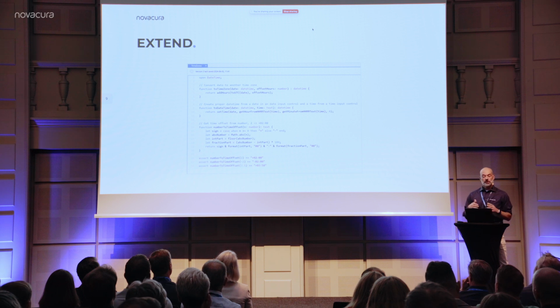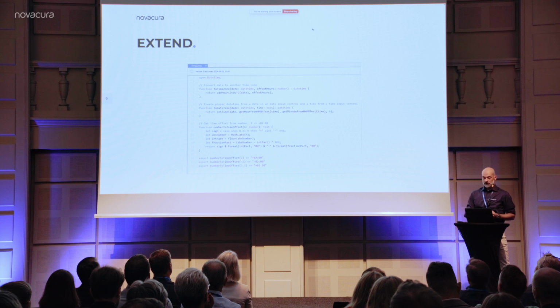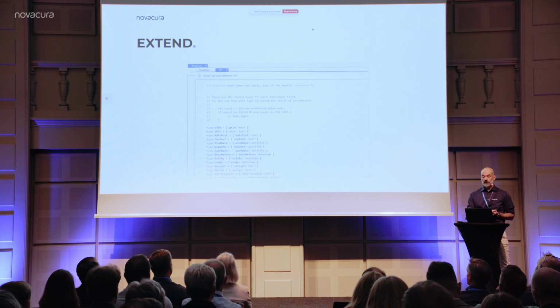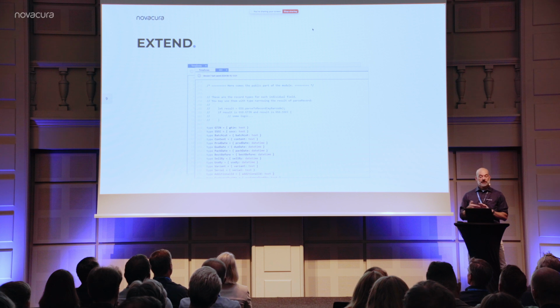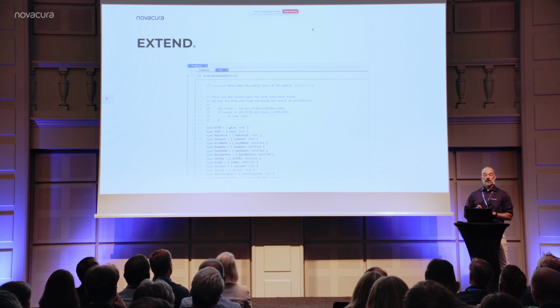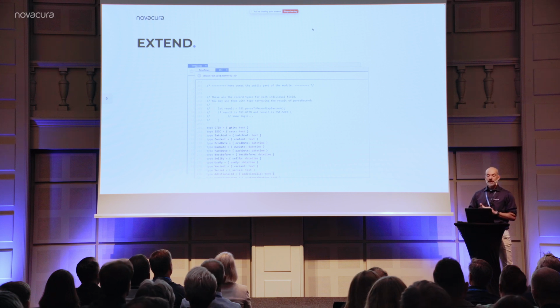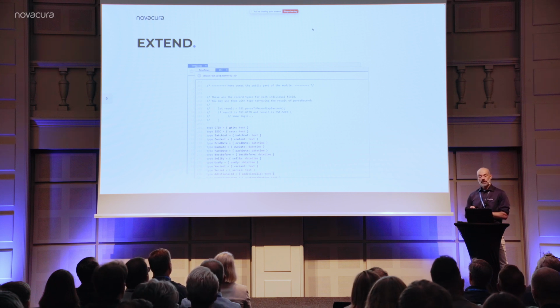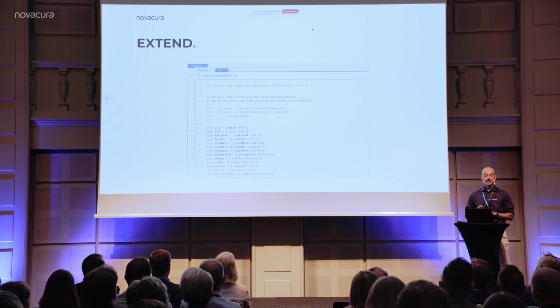Maybe you need to work with time zones, and you can use utility functions for converting times between time zones. Or you can have, for example, a module which handles GS1 barcodes or QR codes. So easily handle the parsing of these GS1 barcodes and QR codes within your apps.